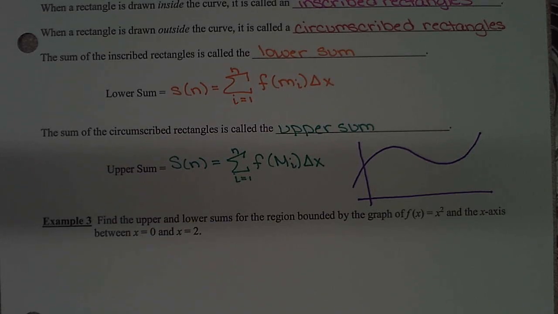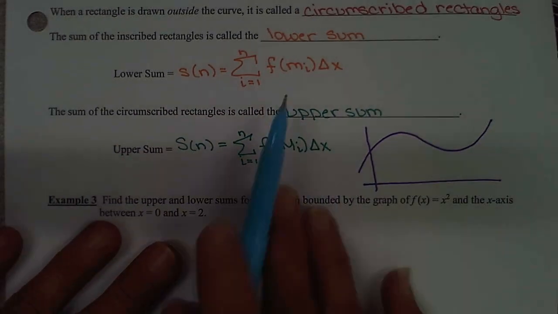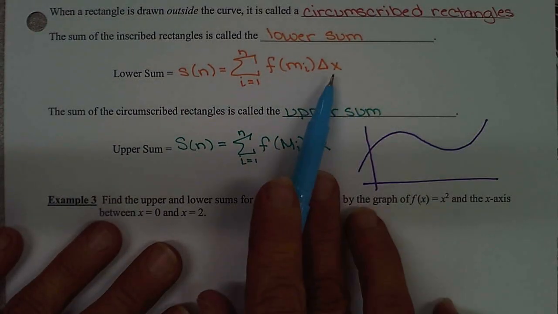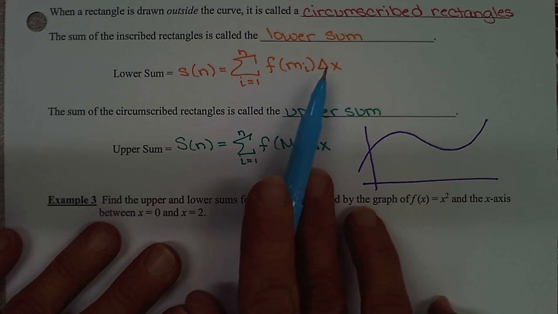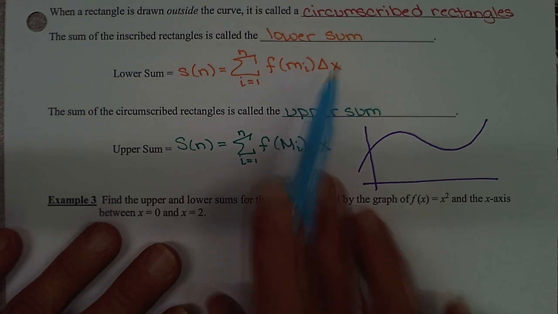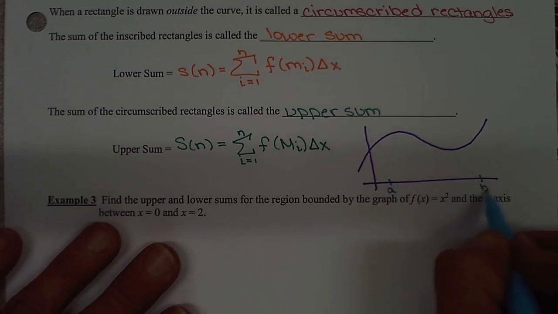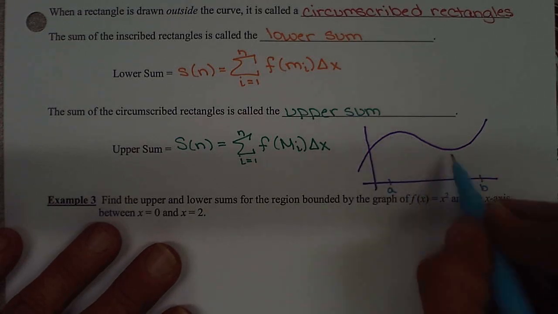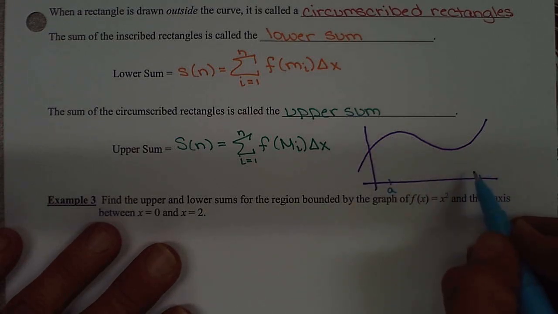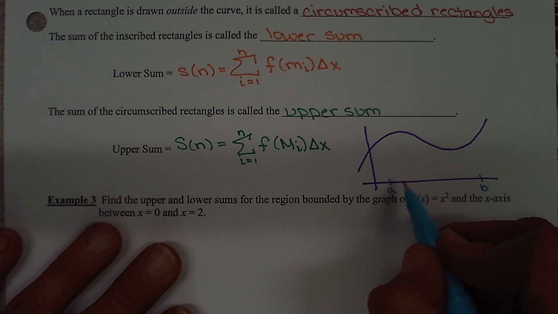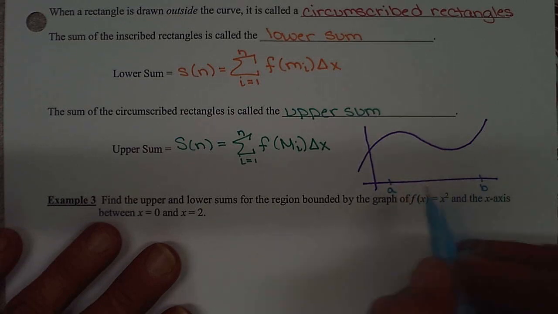And first off, whenever we start talking about that delta x, it's in the same place on our formula that we had yesterday when we were talking about width. So it's going to be the width of all of our rectangles. Well, if we are looking from point A to point B, and we're wanting to find the area underneath the curve here by drawing in our rectangles, the width of each rectangle is going to be dependent upon how many rectangles I put in.